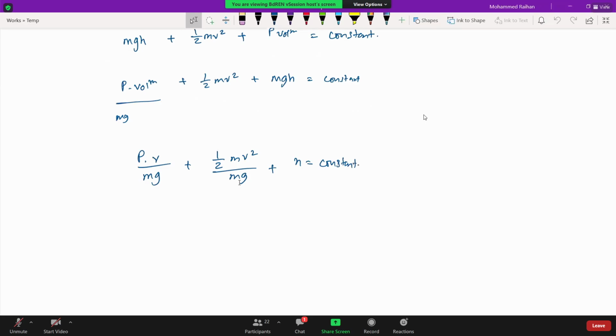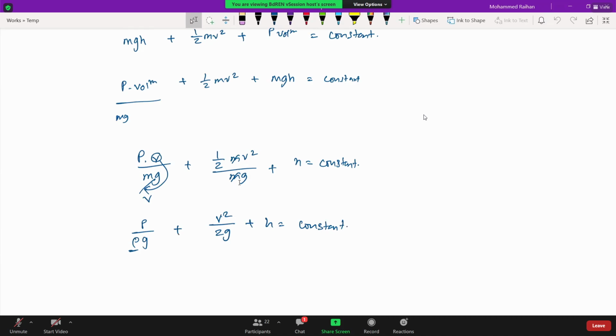So mass divided by volume, what will that be? Mass divided by volume is what? Rho, density, exactly. Mass per unit volume is rho. Plus, if I cancel this one, it will be v squared divided by 2g, plus h, equals a constant, right?